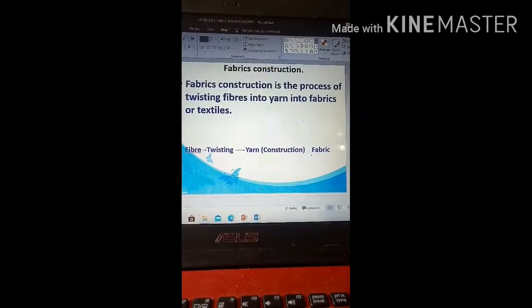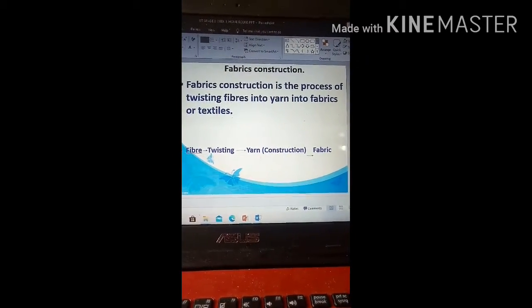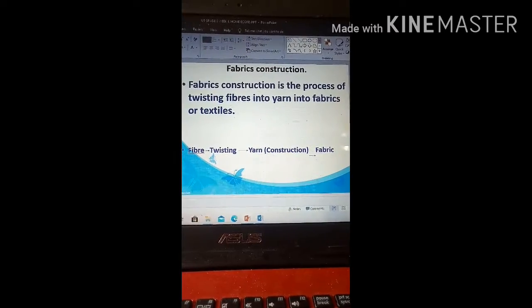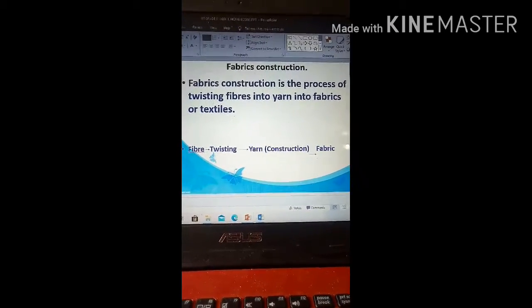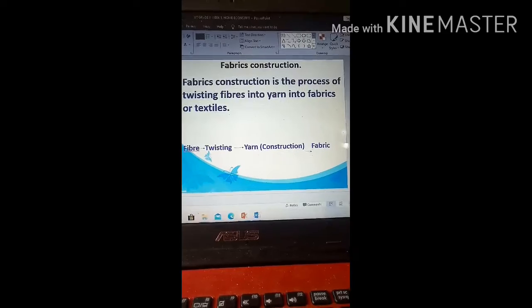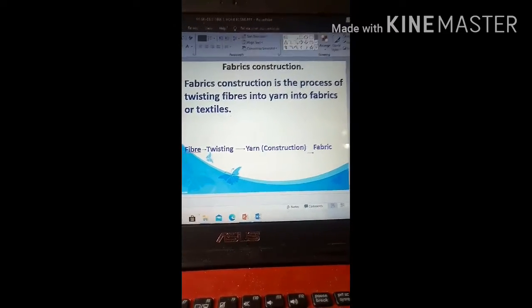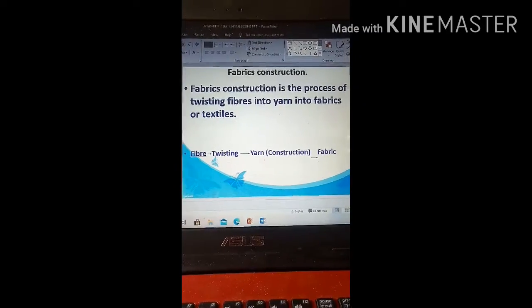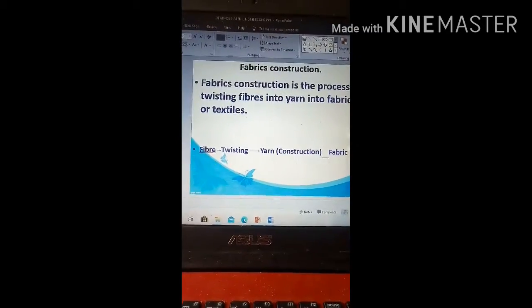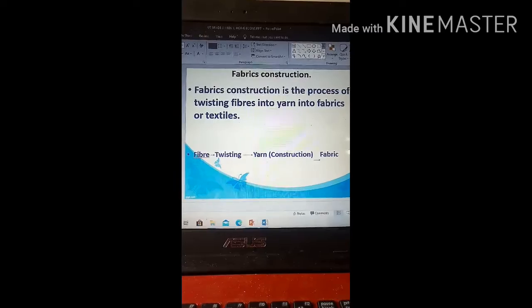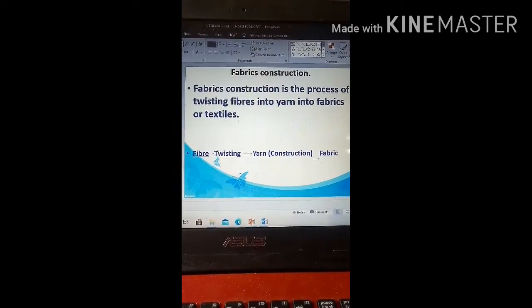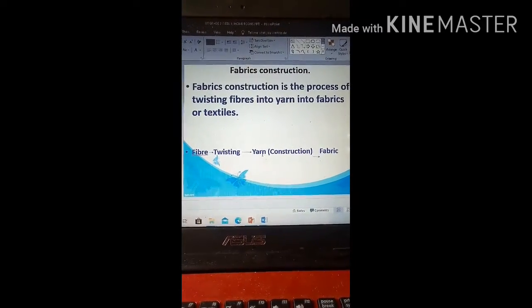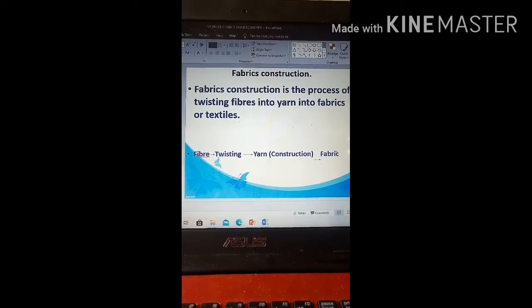Then when you twist it or spin it, it becomes yarn. Then you can use yarn to produce fabrics. You can also call the fabrics textiles. So this is an arrow indicating how to make fabrics from fiber. Then you twist it, you make yarn, then you construct yarn to make your fabrics.